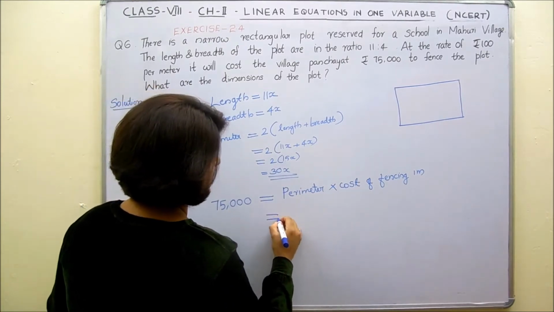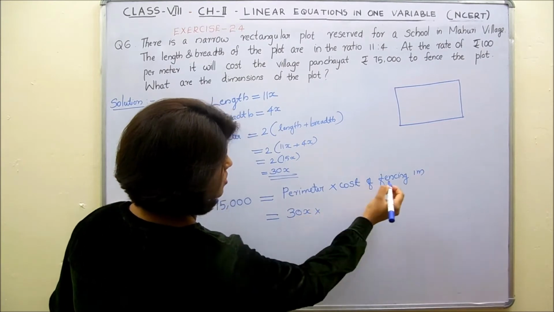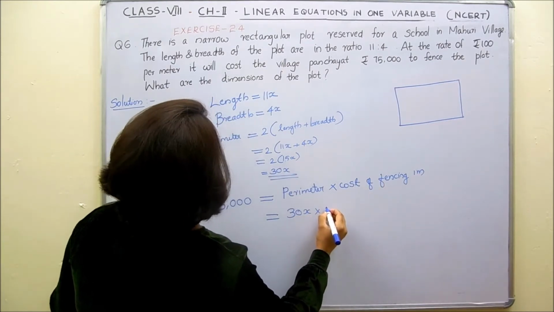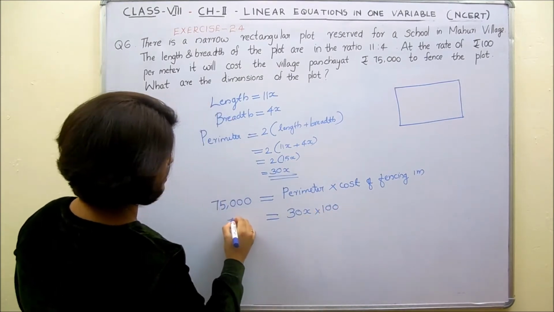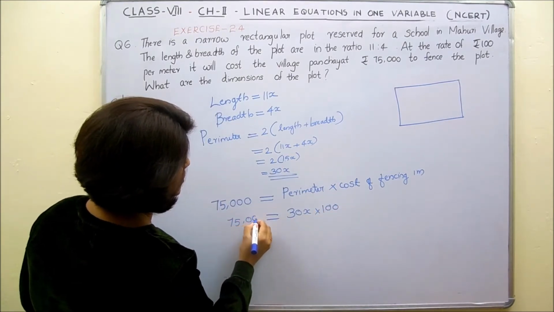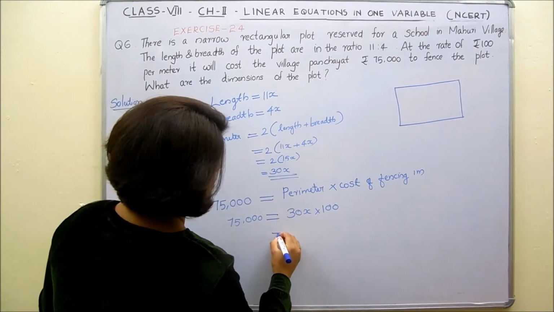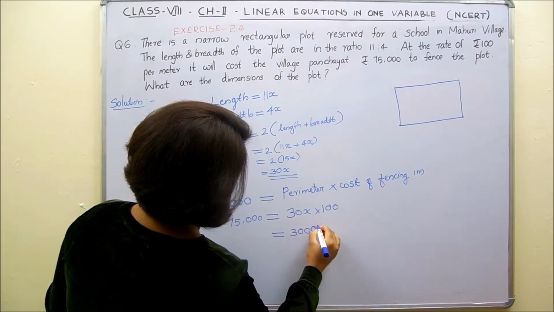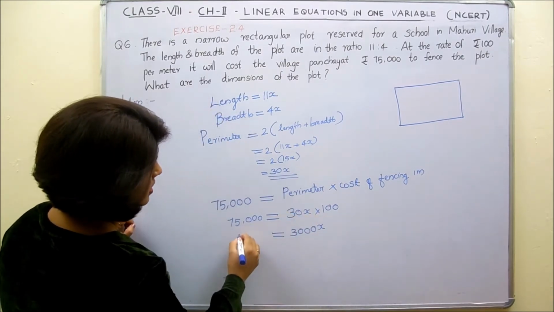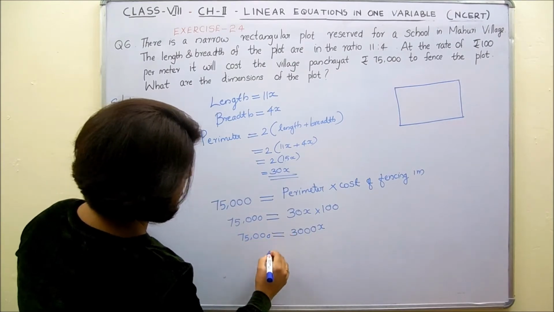That is, perimeter is 30x into cost of fencing 1 meter is given as 100 rupees. Right? That is 75,000 equal to 30x into 100, which is equal to 3,000 into x. That is 75,000 equal to 3,000 into x.